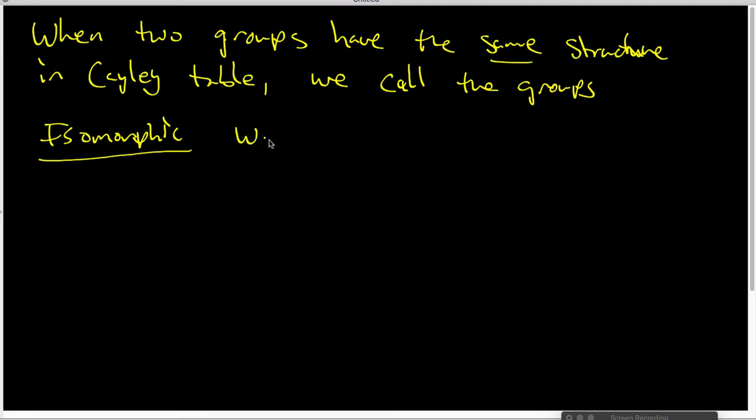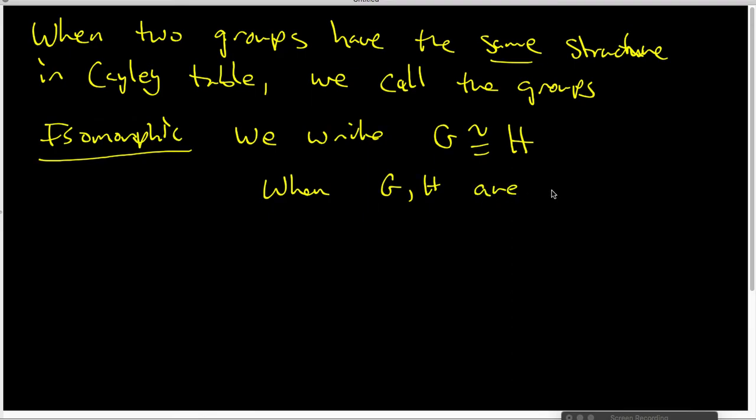We write G is isomorphic to H when G and H are isomorphic groups.